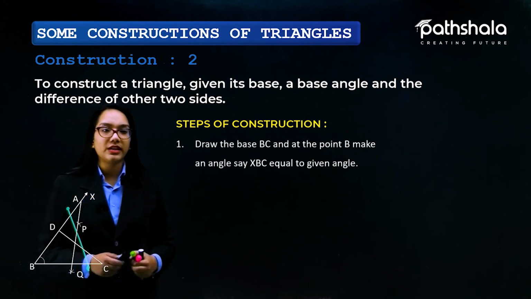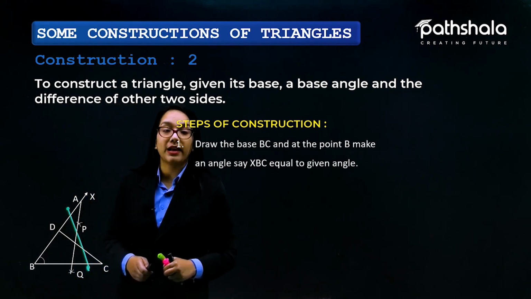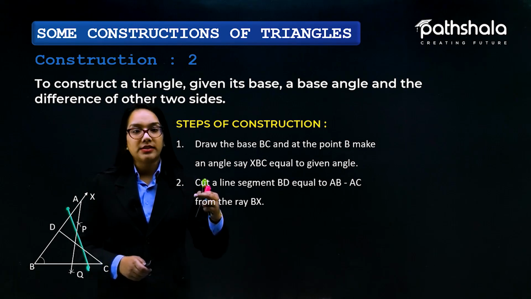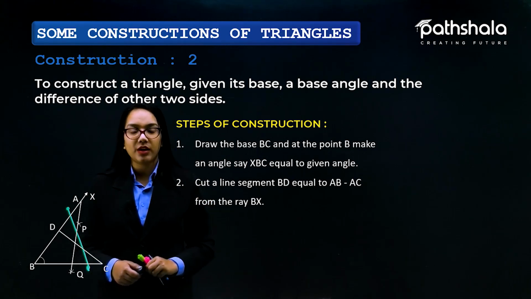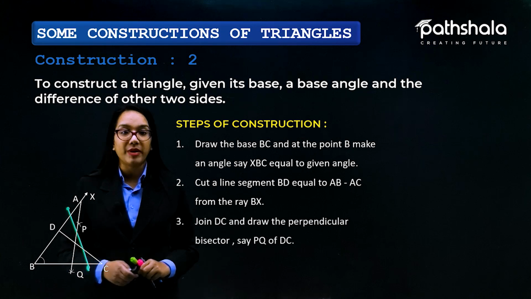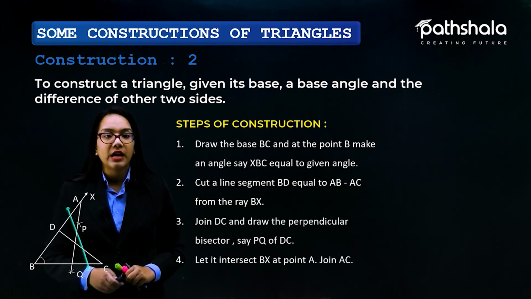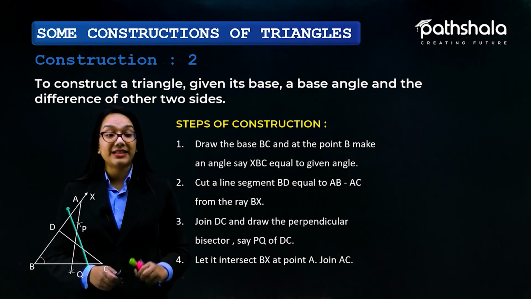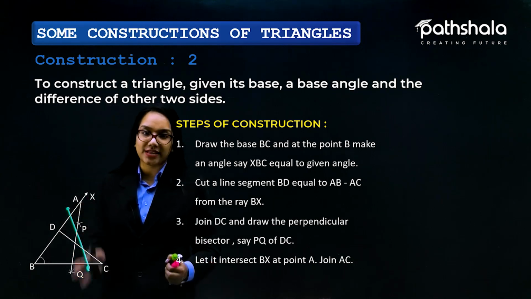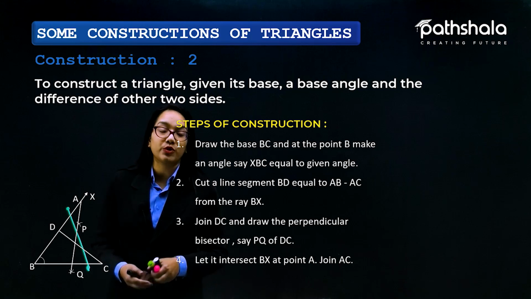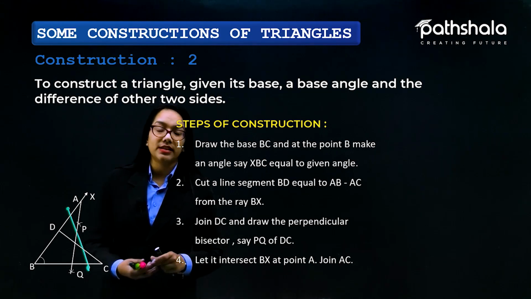First, draw the base BC and at point B make an angle XBC. Second, cut the line segment BD equal to AB minus AC from the ray BX. Join DC, and draw the perpendicular bisector CPQ of DC. Further, let it intersect BX at the point A and join AC. So this is our last step, in which we have joined A and C together.